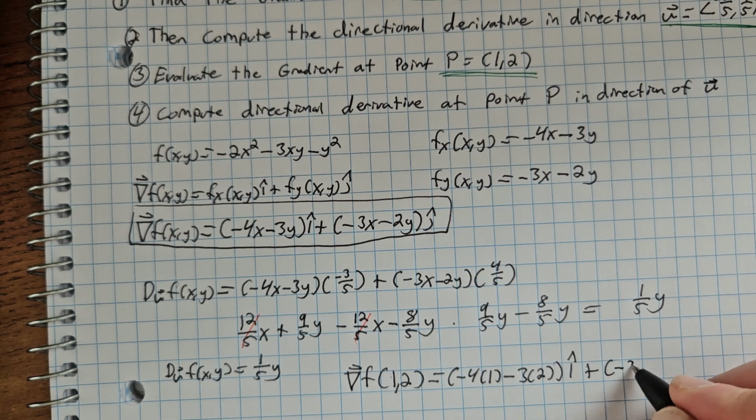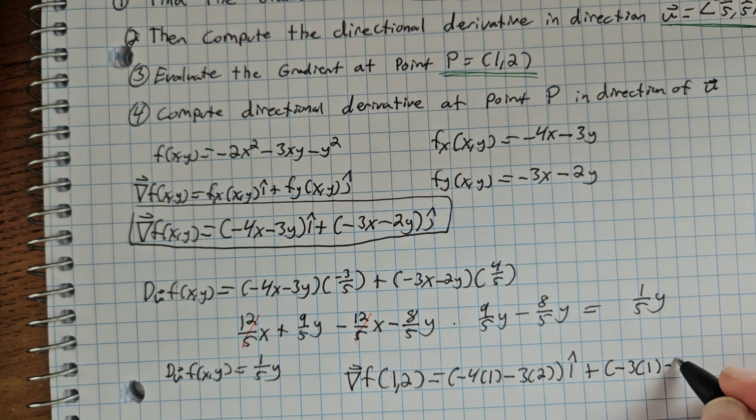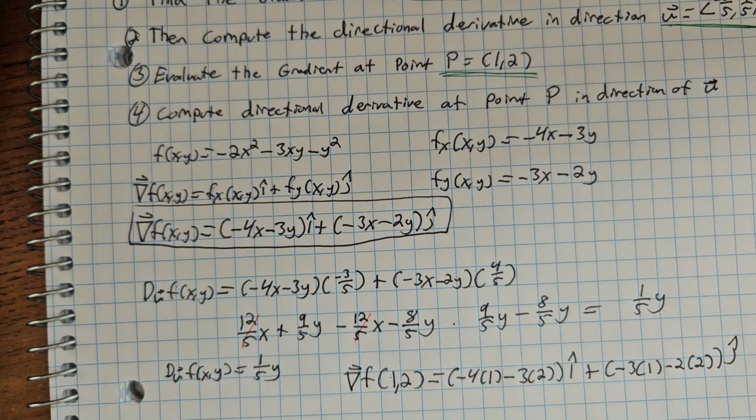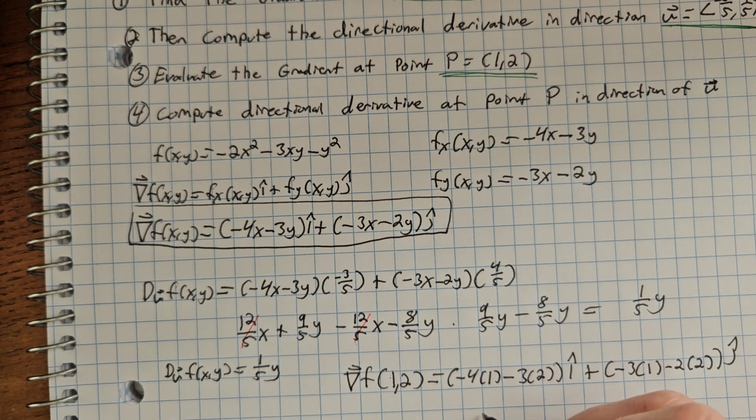plus negative 3 times 1 minus 2 times 2 j. Distribute it, and we would get negative 4 minus 6, or just negative 10i.